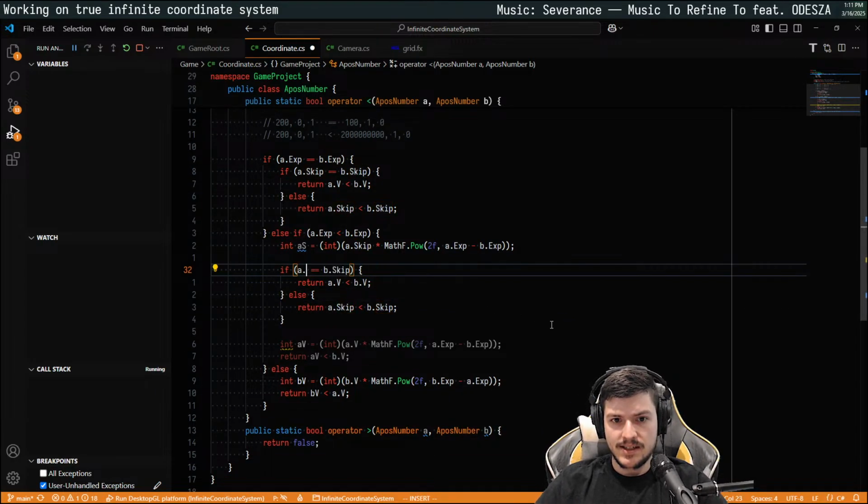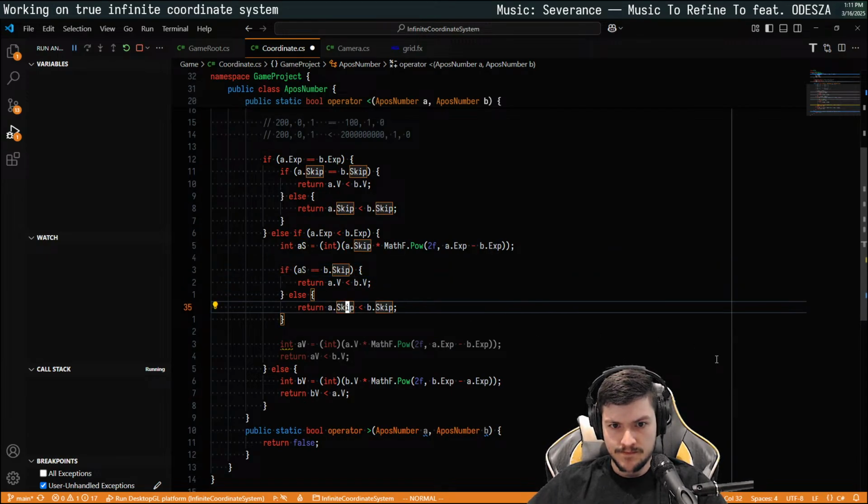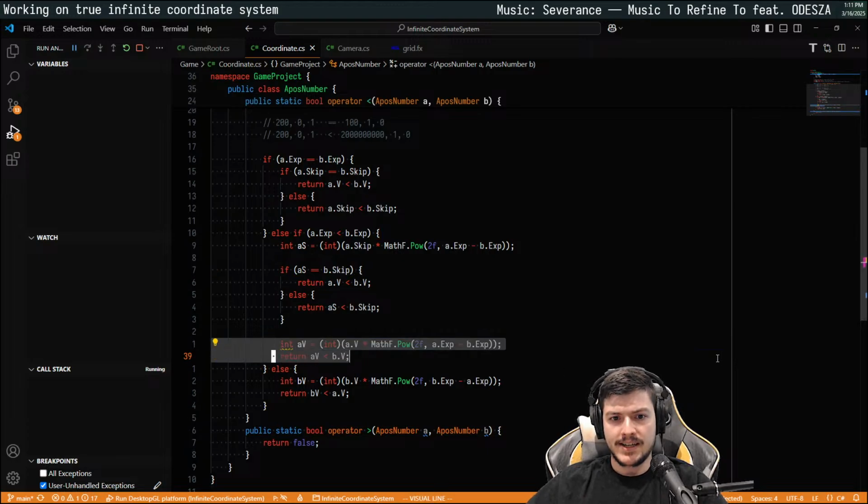So this is AS. If they are equal, then I can do this.